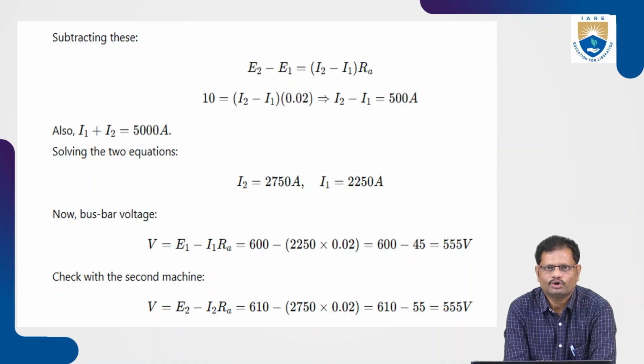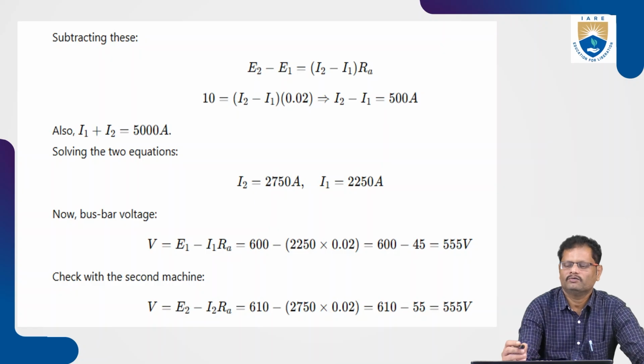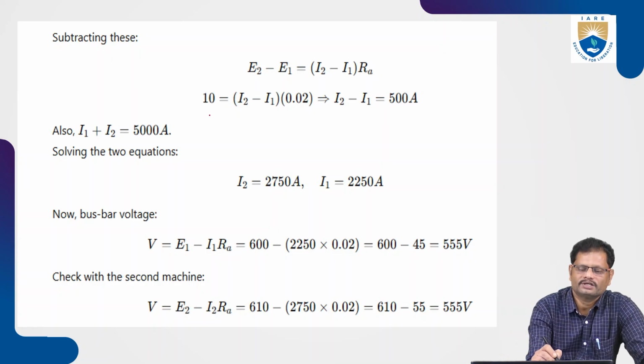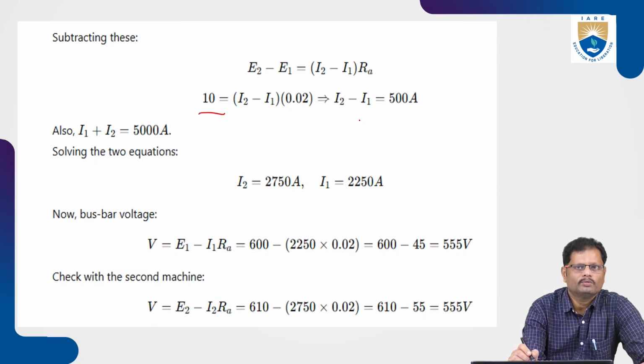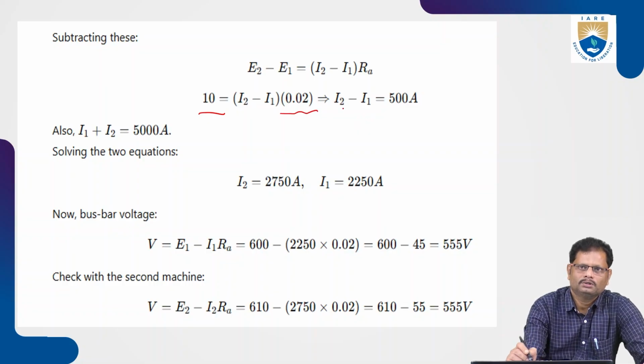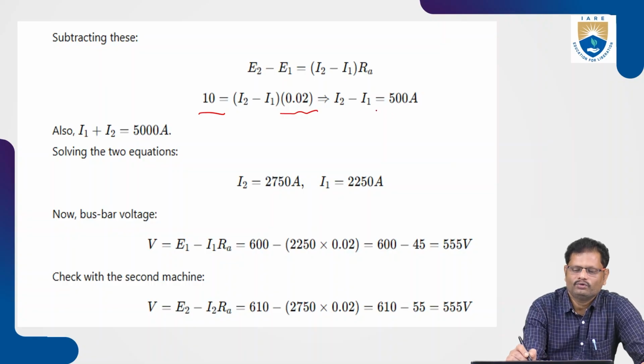Since E2 is 610 and E1 is 600, the difference is 10. So 10 volts equals I2 minus I1, which we don't know, into RA, and we have the RA value. So from this, I2 minus I1 becomes 500 amps.